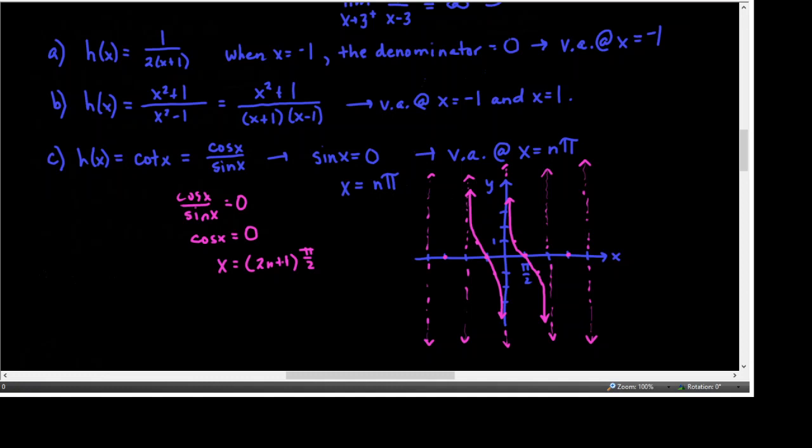If c and L are real numbers, and f and g are functions such that the limit of f of x as x approaches c is positive infinity, and the limit of g of x as x approaches c is finite, a real number L, then if you added or subtracted f of x plus or minus g of x as x approaches c, you'll have an infinitely large thing plus or minus a finite number. And if you have infinitely large and subtract 2 or add 7, you're still infinitely large.